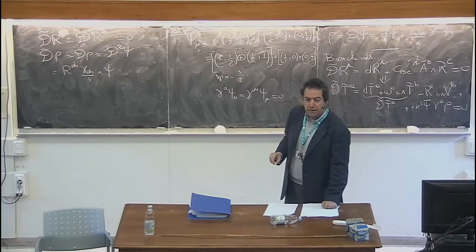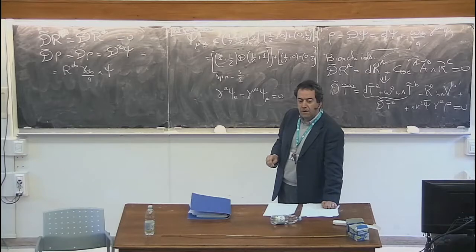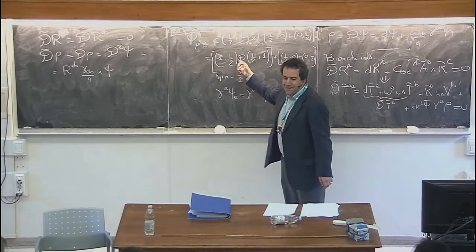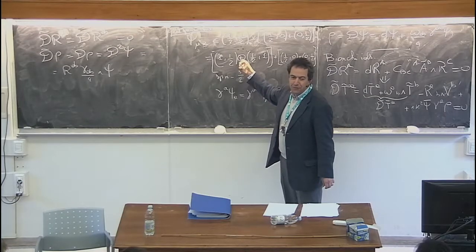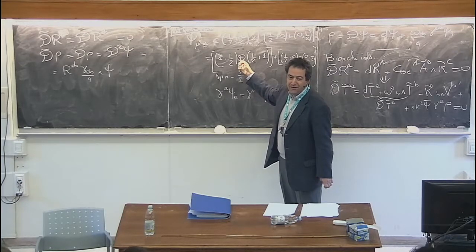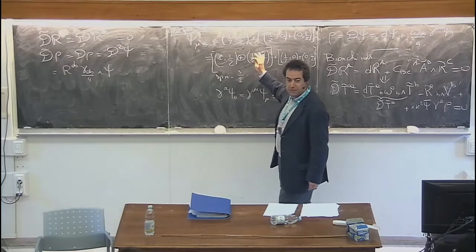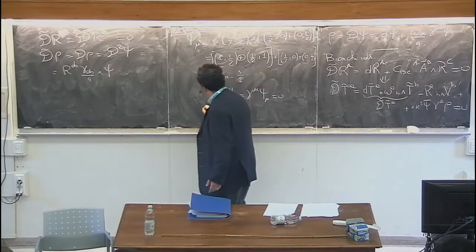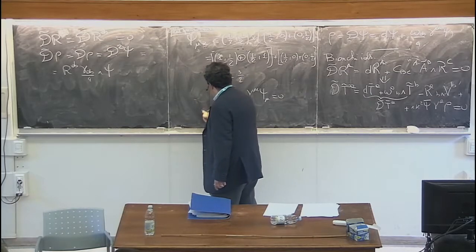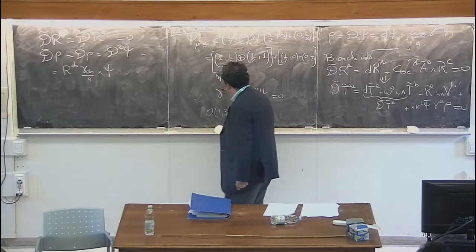Well, this is an unfortunate notation, but it's common in all field theory books. This is an irreducible representation of the Lorentz group, and the Lorentz group is O(1,3), right?